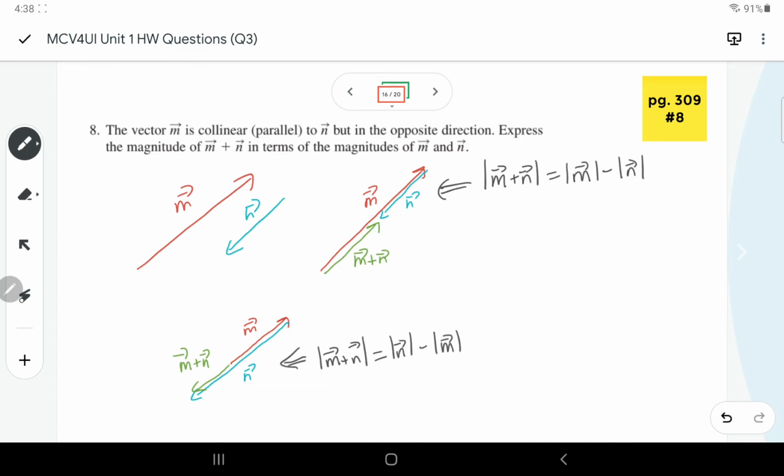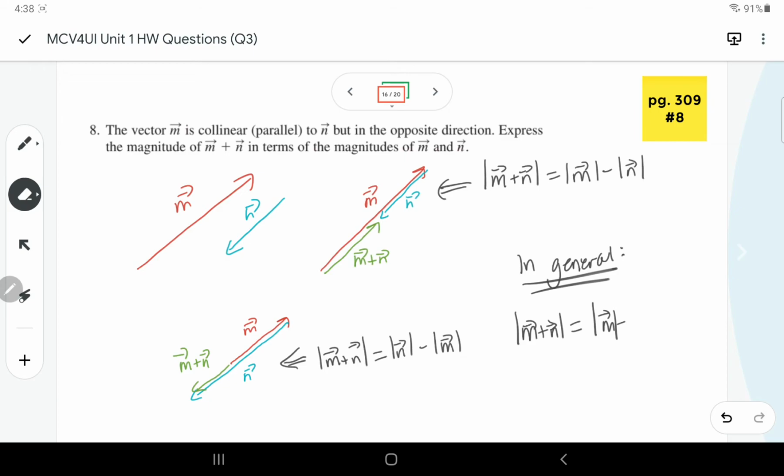And one way of writing this in general, we want to subtract this and only take the positive value. So the magnitude of m plus n is going to be the magnitude of m minus, I'm going to need a bit more space in here.